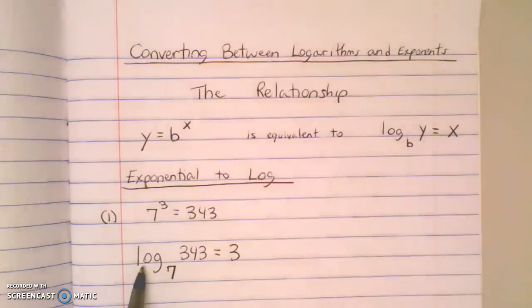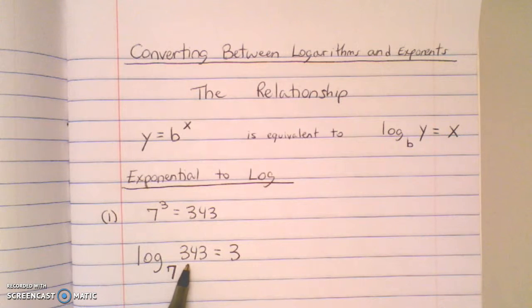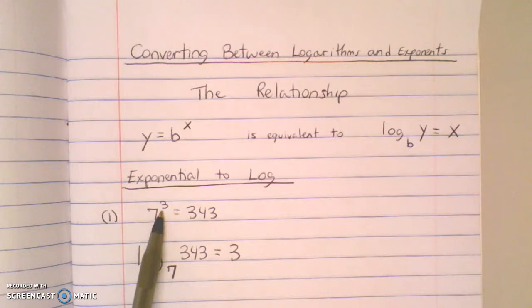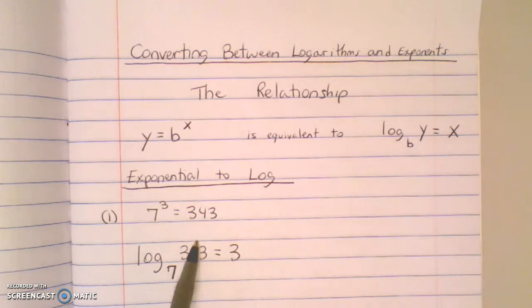So I took the log base 7 of 343 is equal to the exponent. So this number is my base. This is the exponent. And this is the number that I'm taking the log of. And that's rewriting from exponential to logarithmic form.